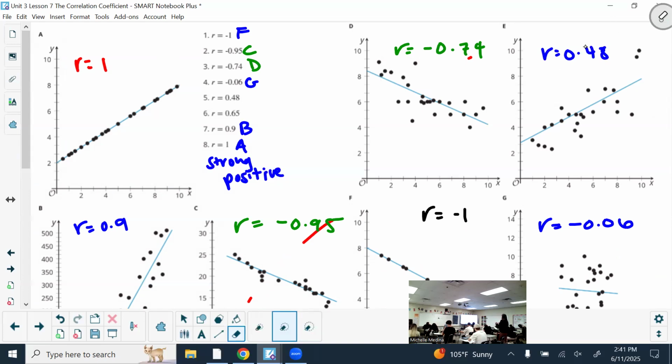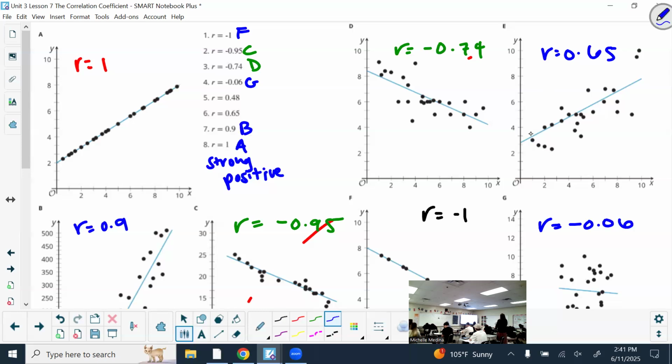If it's not 0.48, because we're saying that would be bigger than 0.65, what our value should be. 0.65. Okay. And I mean, these two are pretty similar anyway. They're both positive. They're both not that strong, but also not that weak either. They're pretty close to each other.